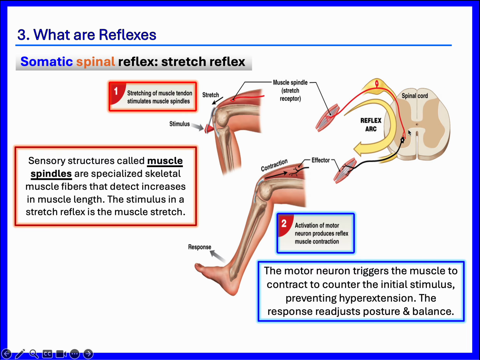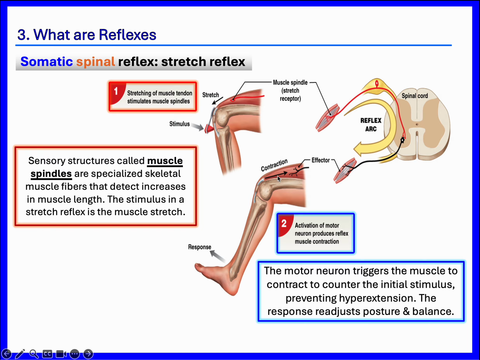Then it sends information to another neuron, the motor neuron here, right, which triggers the muscle to contract to counter the initial stimulus. So first you stretched it a lot here, and then this neuron is actually hitting it back so that you contract the muscle. It's kind of detecting that the hammer is mimicking as if it got stretched too much, right?